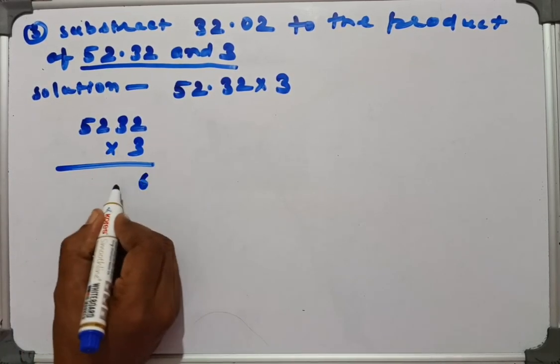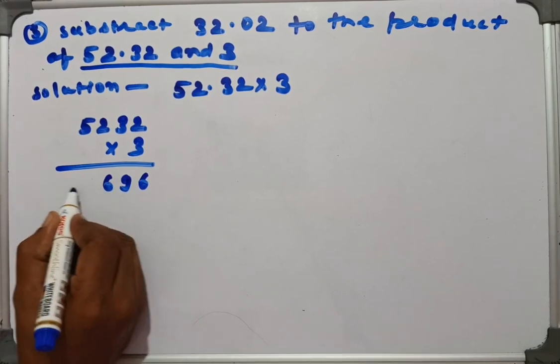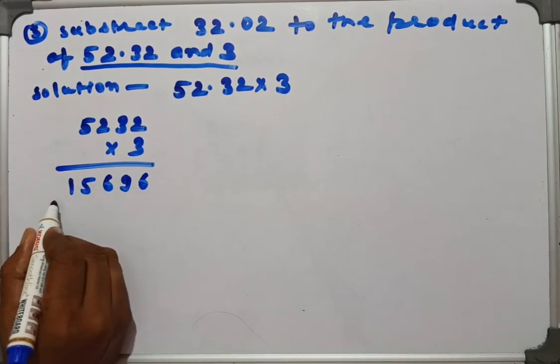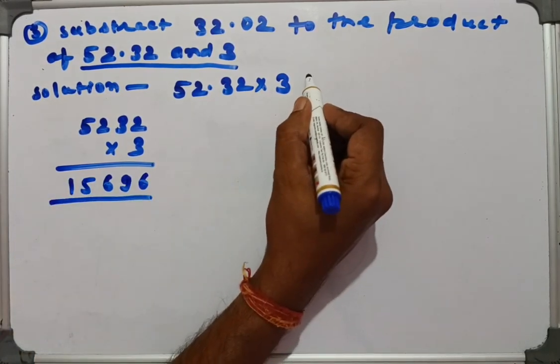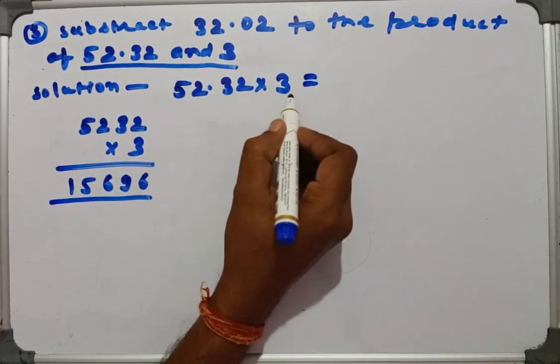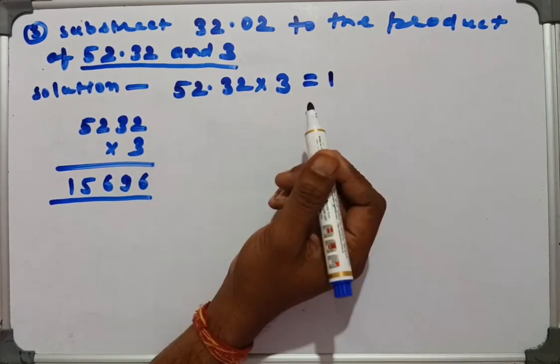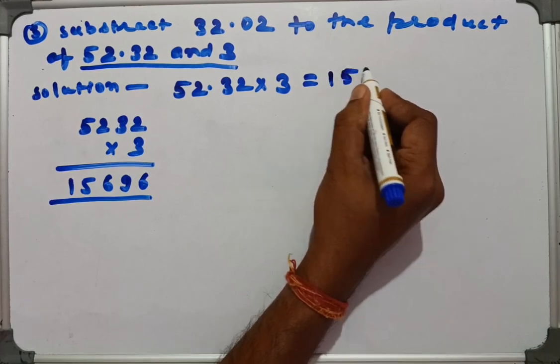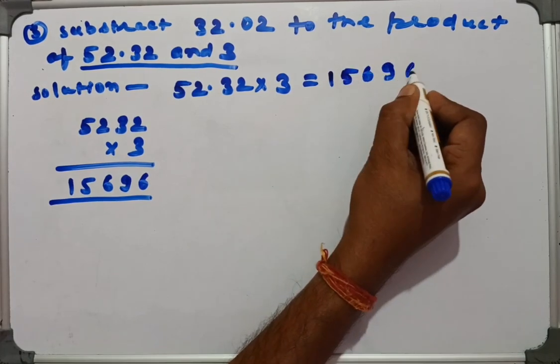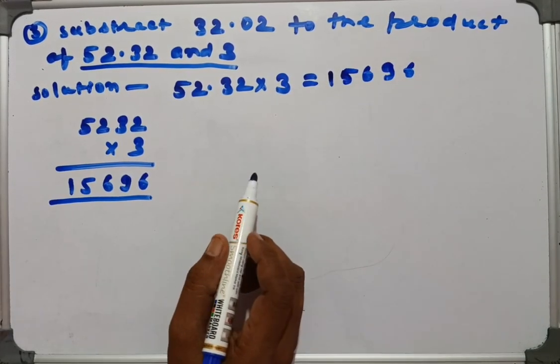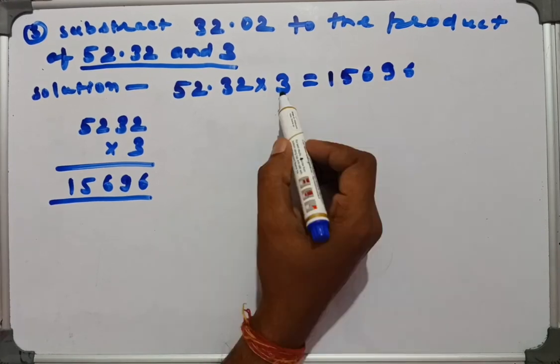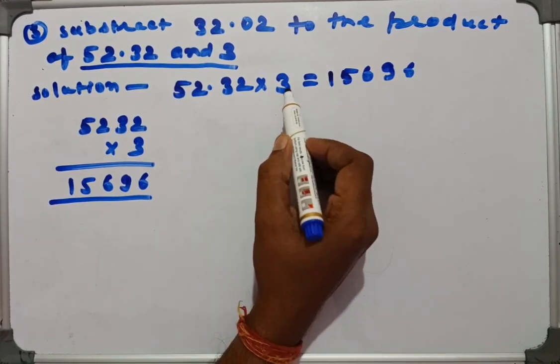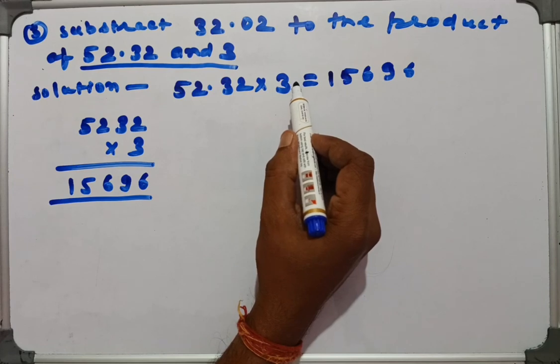See, this one is 6, 9, 6, 15. Now the solution of this product is 15696.